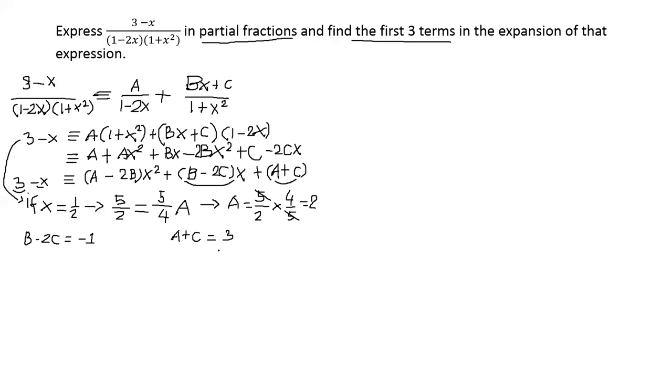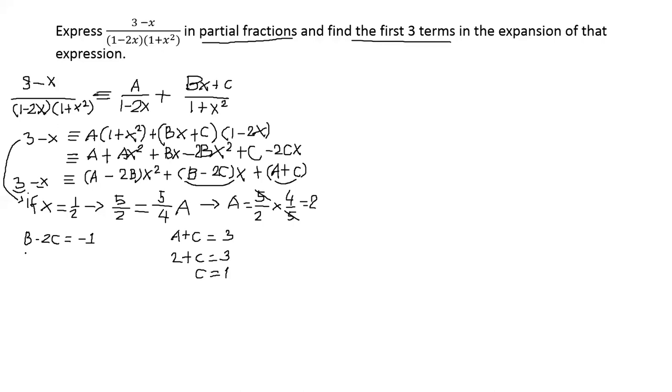Okay. We have information that a equals 2. It means we have to find c first. Afterwards, we're going to find b. Okay. To calculate c, it means 2 plus c is equal to 3, so c equals 1.